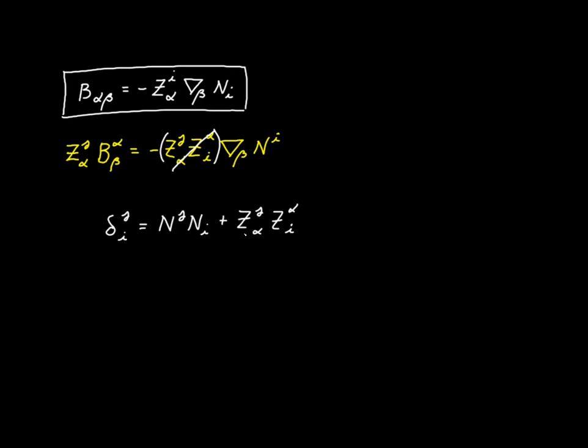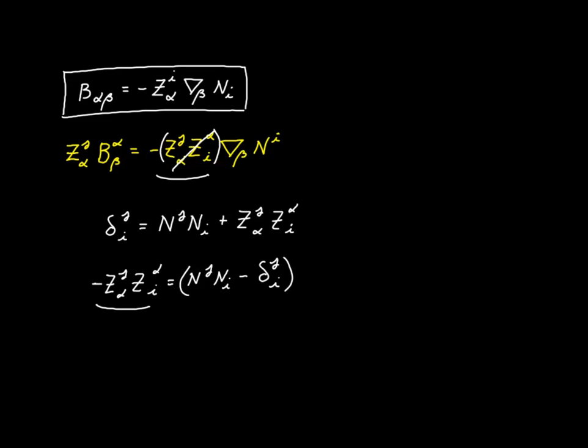Okay, and of course we can subtract this from both sides and delta from both sides. We can come up with this. Negative Zj alpha Z alpha I is equal to Nj Ni minus delta Ji. So that means that this expression right here, which is this one, can be replaced by this term.